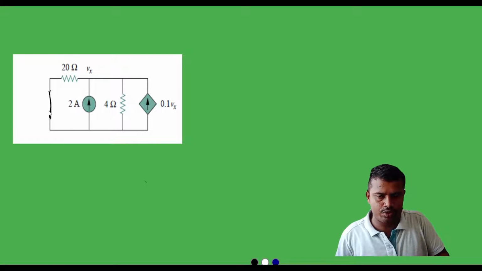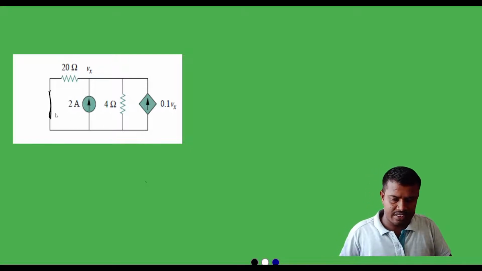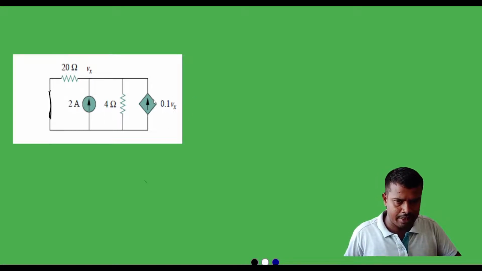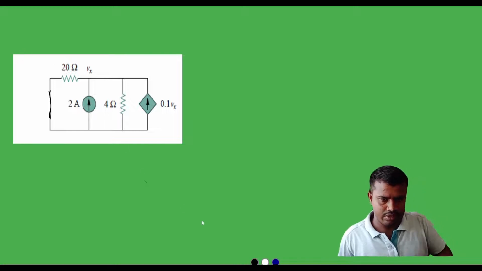We have short circuited the voltage source with its internal resistance. As internal resistance is not mentioned, we have directly short circuited it by assuming zero resistance, and the current source is active and the dependent source is available. Now we need to solve the circuit.